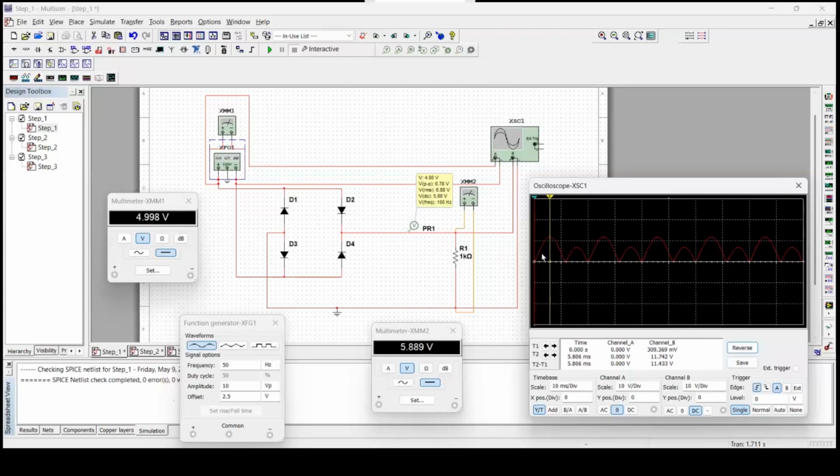Here we can see the higher one is 11.742 and the lower one is almost 6.756. The 10 will plus 2.5 and minus 2 times 0.7, because one diode will minus 0.7 volt, so two together have almost 1.4 volt.